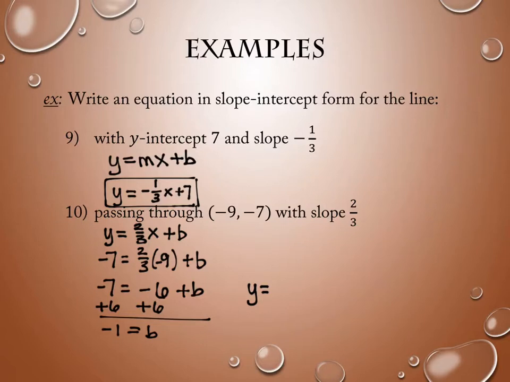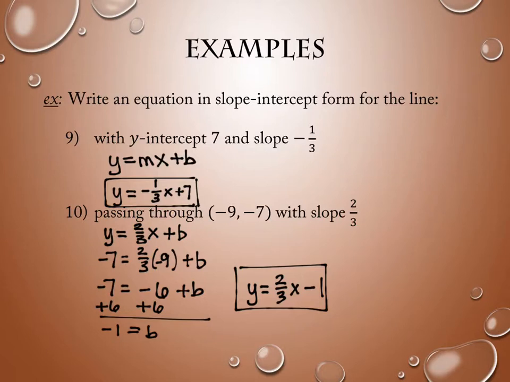I've got y = 2/3 x, and I just found out my b value is -1. It was not 0.3 seconds to do that problem. It took a little bit longer. A super common mistake is to get to this point and stop because you feel like you've done a lot of work. So please don't stop short. Make sure you complete to the end.